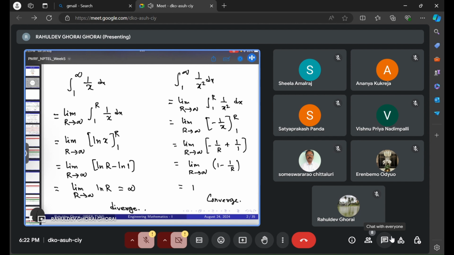So here the difference is this: improper integrals does not imply it is always divergent. It can be convergent also. I think some of you might make mistakes while doing these things. So this is the main difference. You will see the difference here.